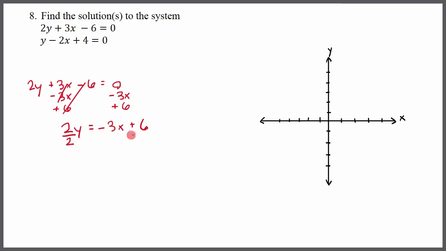And now dividing by 2, we end up with y equals negative 3/2 x plus 3.